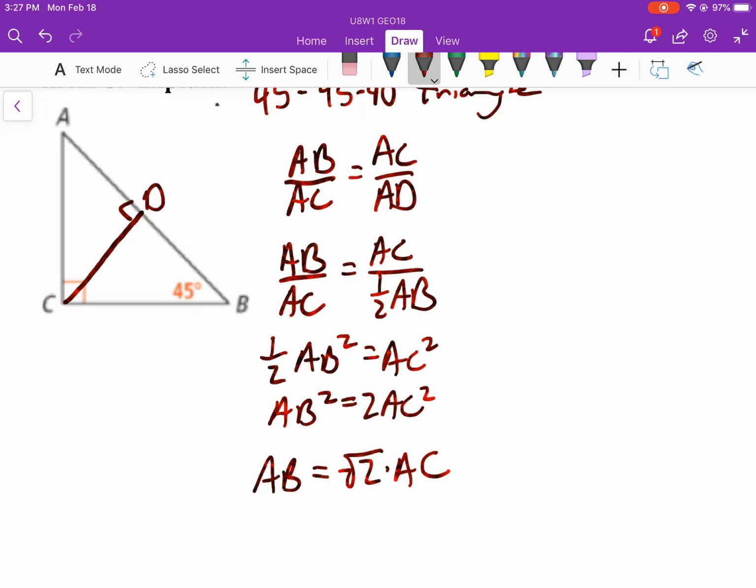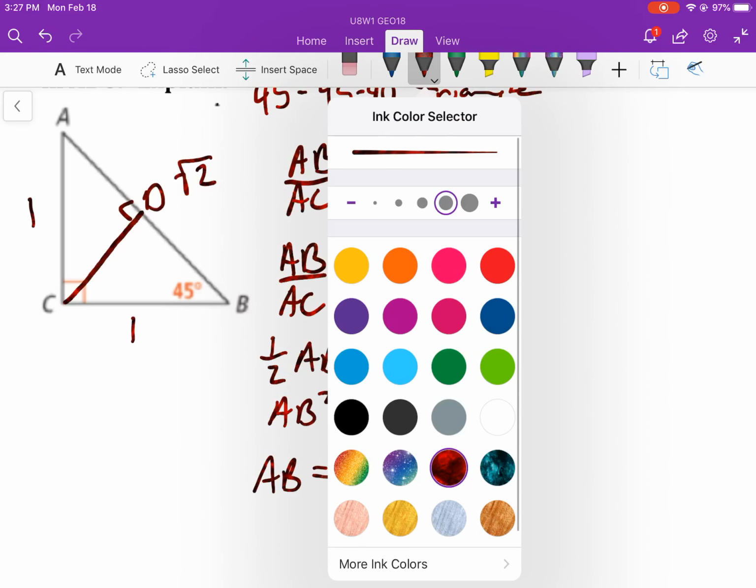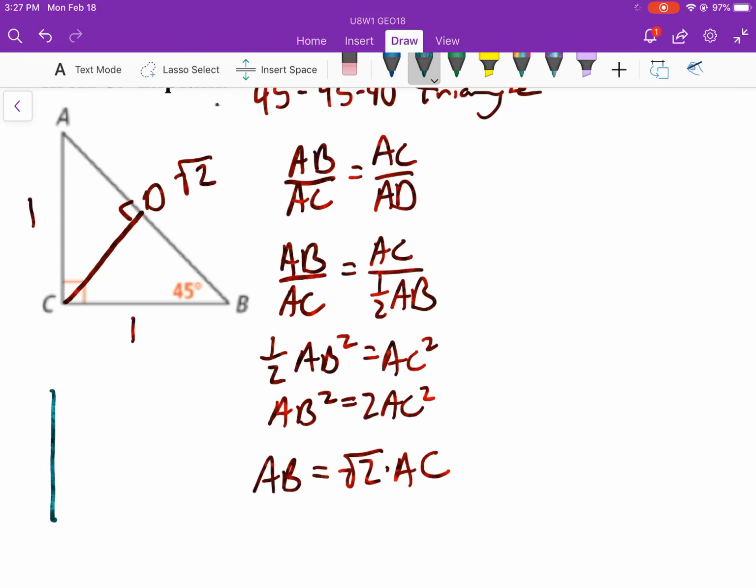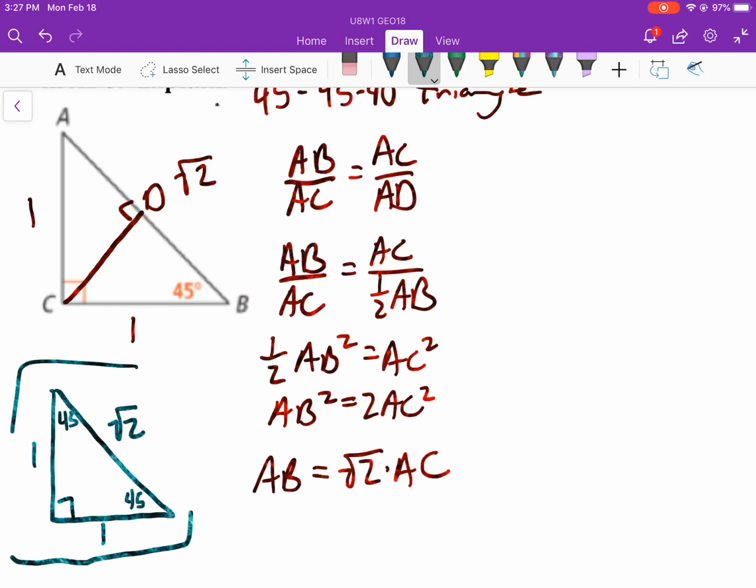So if we say the length of AB is square root of 2, then this will be 1 and this will be 1. So that is the 45, 45, 90 triangle, which we're going to use a lot coming up in trig. So this is 1, this is 1, and this is square root of 2. Good thing to keep in mind.